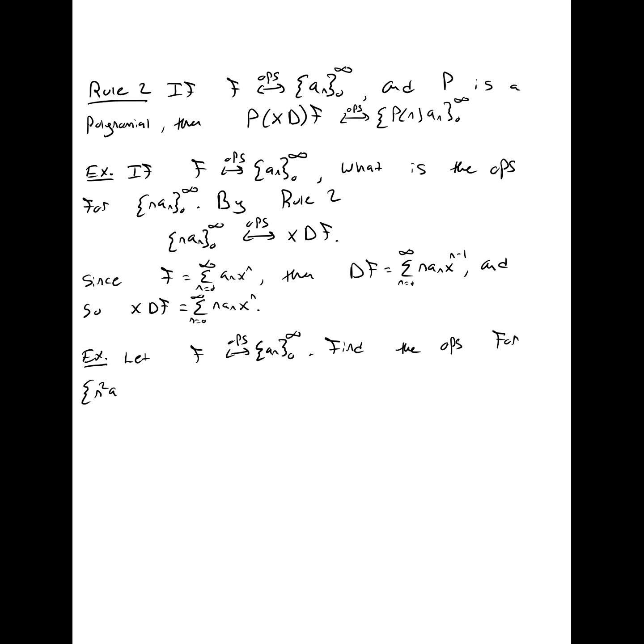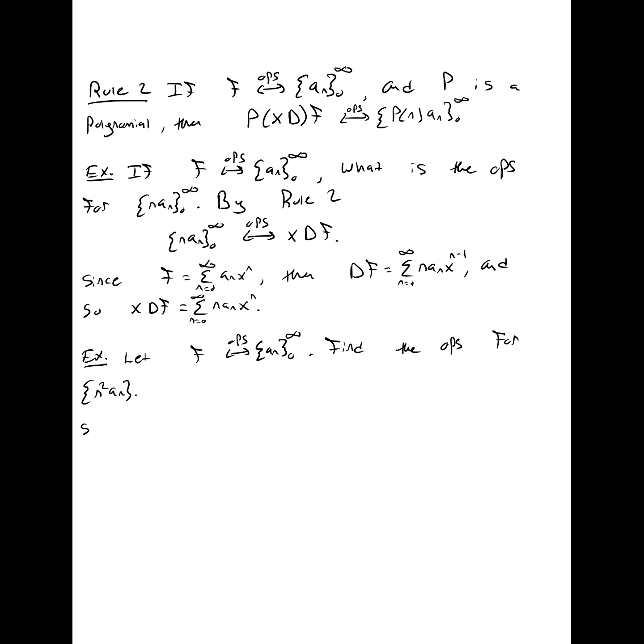n squared a sub n. And all this is going to do is force us to use this XD process twice. This means we can just look at rule 2 and notice that we're just putting XD into n squared, so it's going to be XD squared.